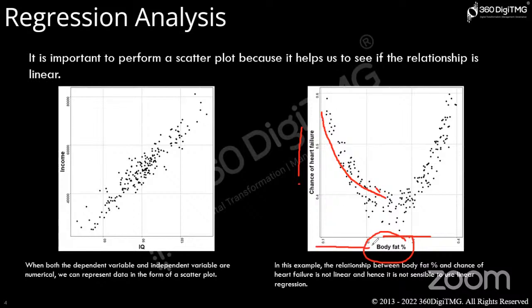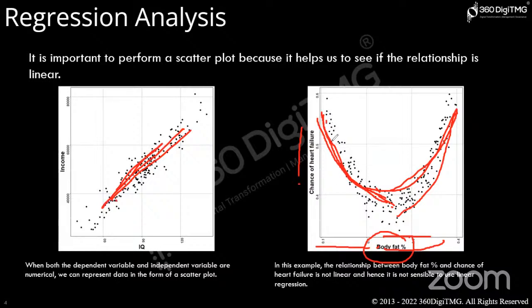Whenever we are increasing the body fat, it keeps decreasing. When the body fat is increased after some point, the chance of heart failure also increases. It is not a simple linear relation we have. Here we don't have a linear relationship.